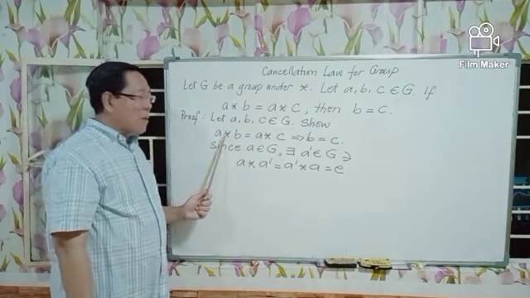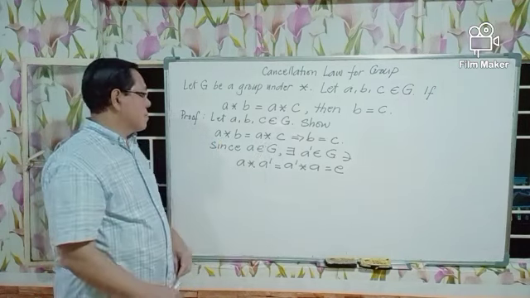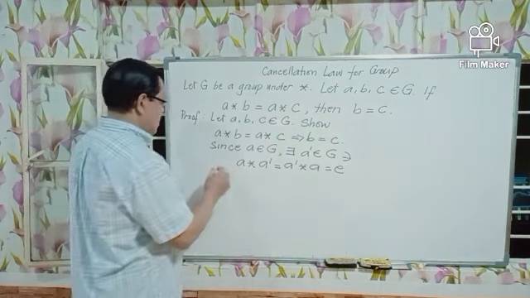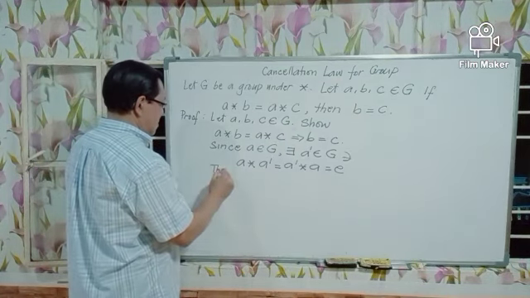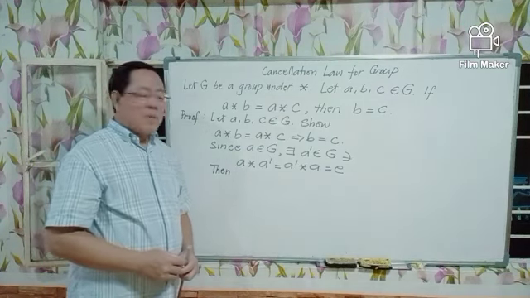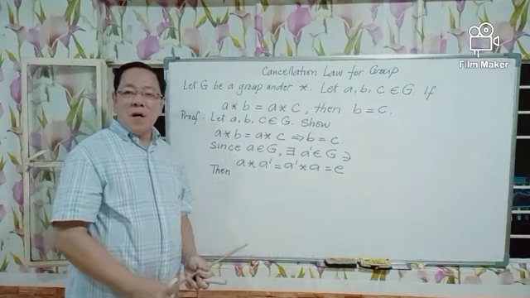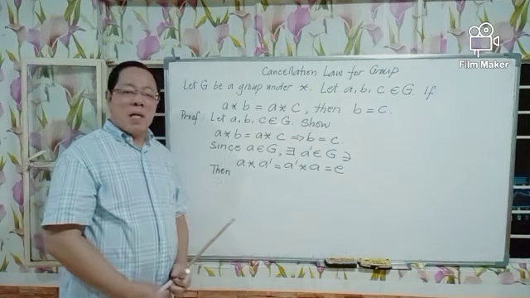And we multiply both sides of this equation by the inverse of A, by A prime from the left.